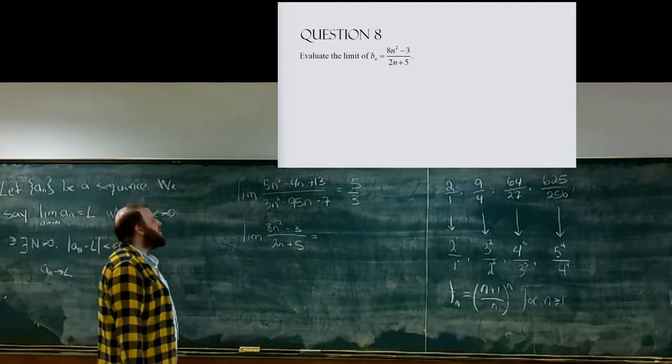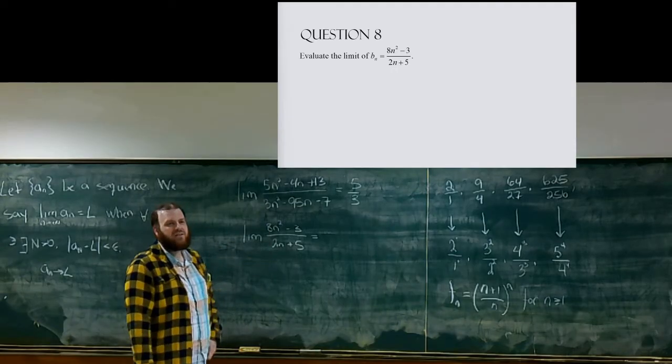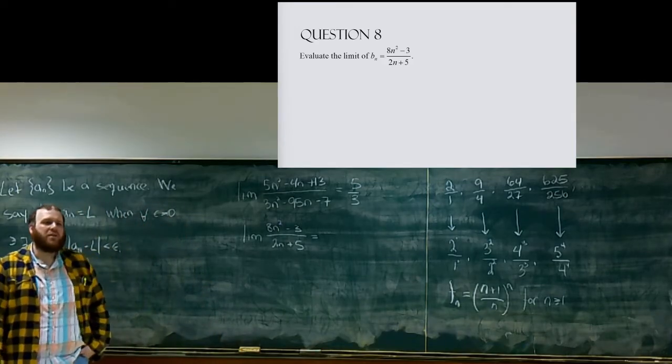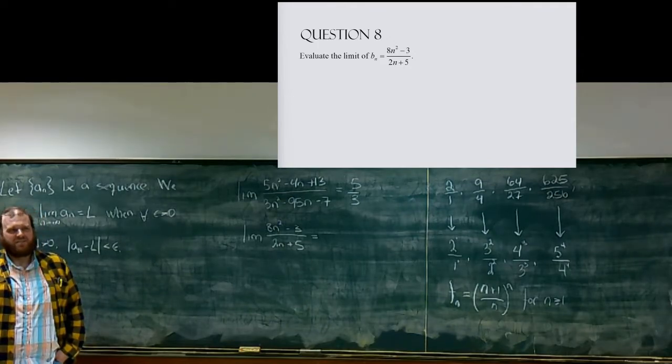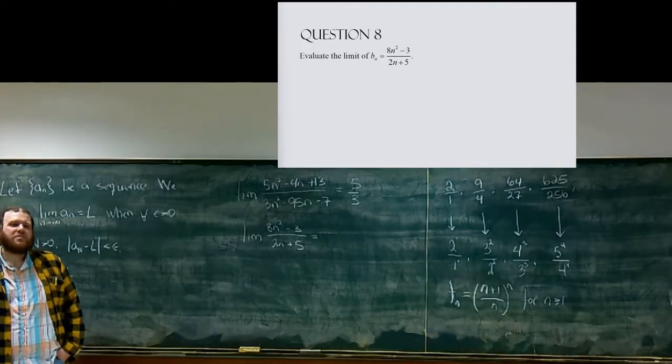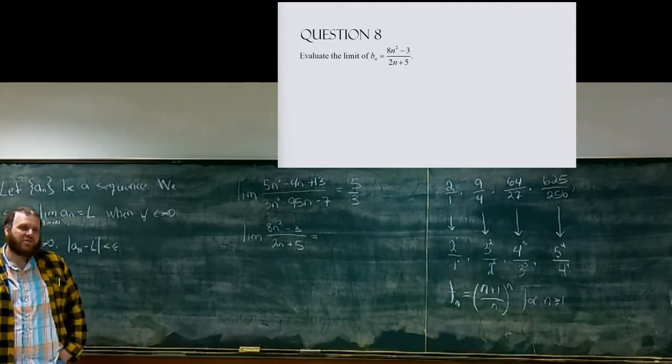So doesn't this behave like 8n squared over 2n? Which is what? How does that simplify? 4n. What does 4n do as n gets large?